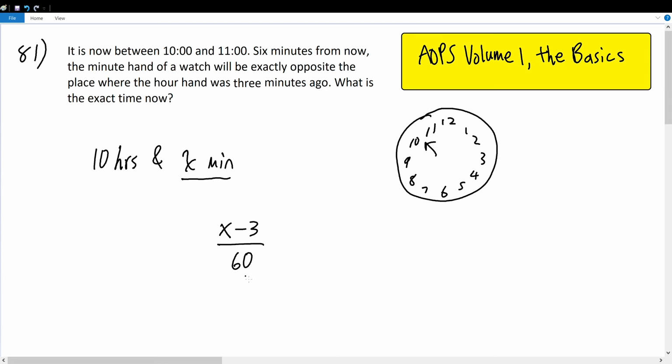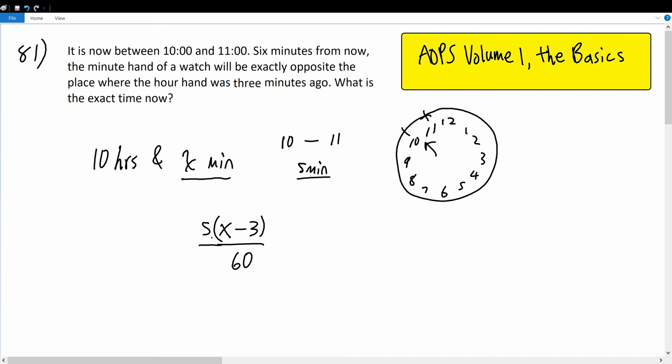And since between 10 and 11 o'clock, there are 5 minutes which correspond between this interval, that must mean that the number of minutes that it traveled would be 5 times X minus 3 divided by 60. And before we move on, really digest this, understand why I did this.